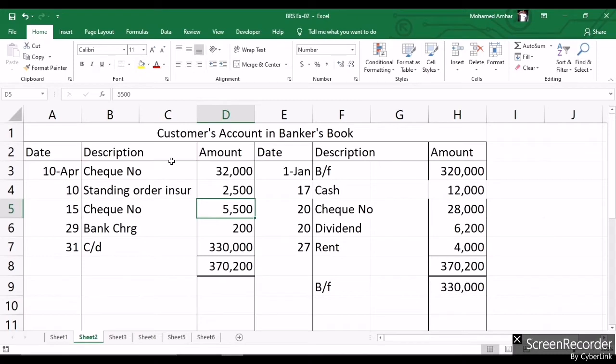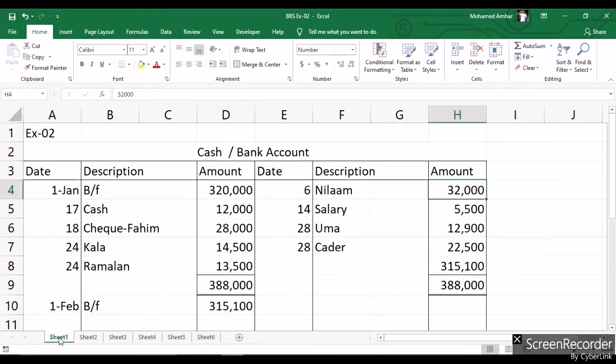So see the cash book, this is the cash book. Here 1st April, not January, this is April. 1st April balance 320,000.